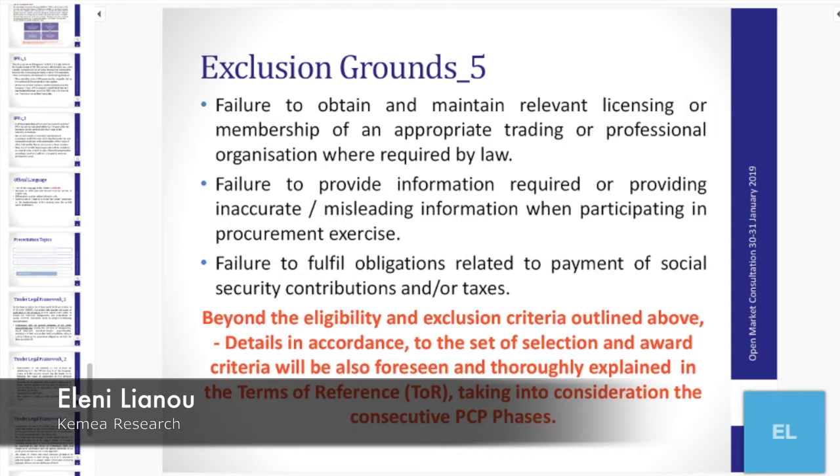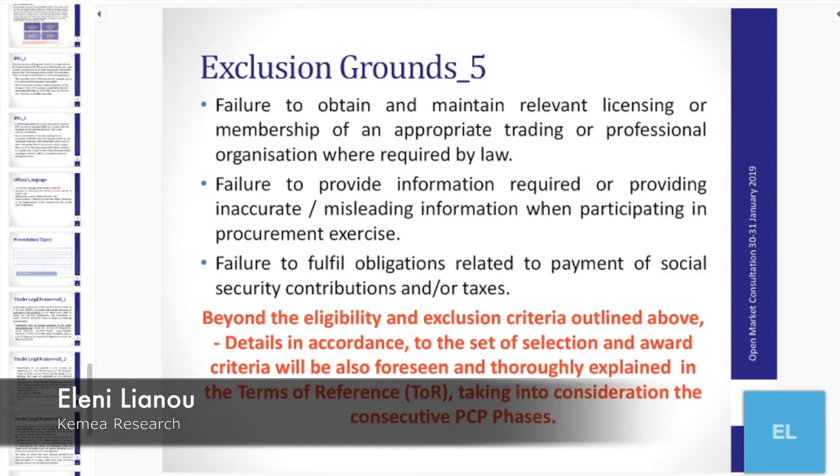Failure to obtain and maintain relevant licensing or membership of an appropriate trading or professional organization, where required by law, is also an exclusion criterion. Failure to provide information required, or providing inaccurate, misleading information when participating in a procurement exercise, and failure to fulfill obligations related to payment of social security contributions and or taxes.